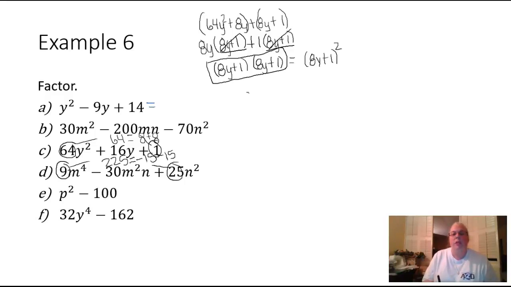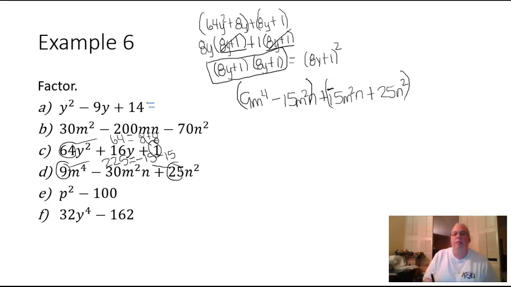So our problem is going to become 9m to the 4th minus 15m squared n minus 15m squared n plus 25n squared. Okay, and let's group the first 2 together and the last 2 together.